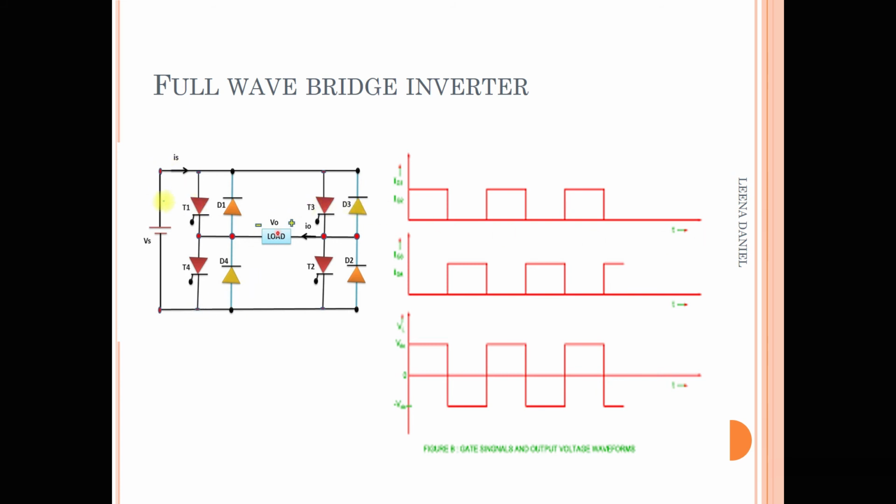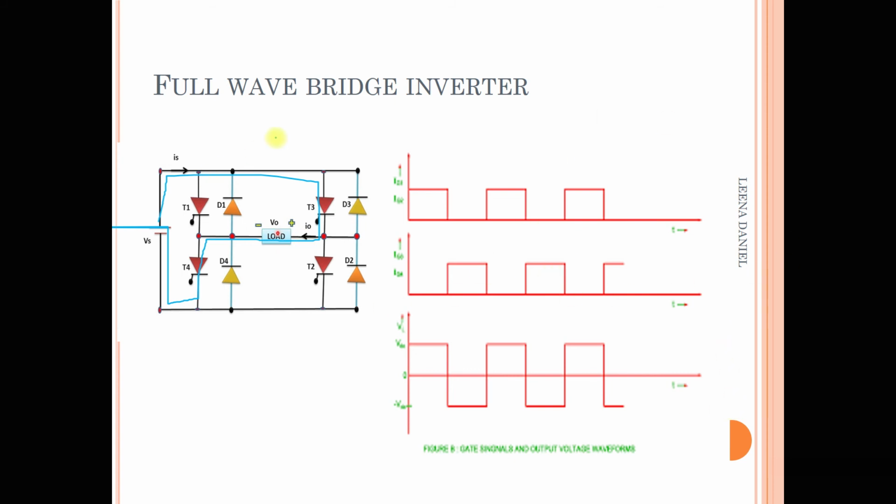So when T1 is triggered, the conduction would be from Vs to this T1, T1 to load to T2, and back like this. For creating the negative half, the conduction would be from T3 to load to T4, and back to this Vs. Like this the conduction would be.